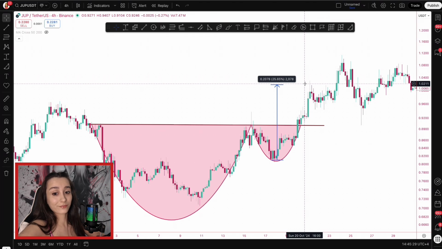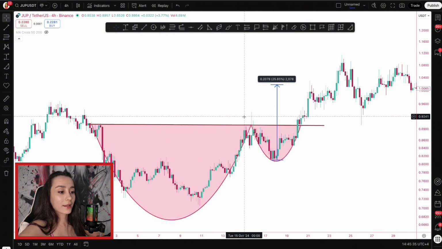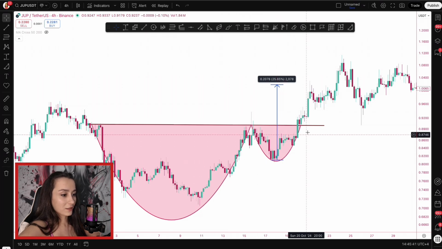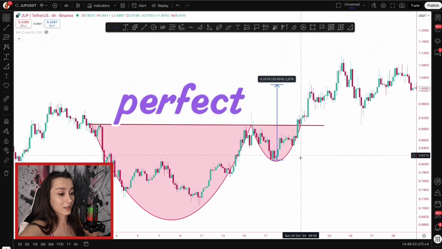Or just use 2x, even small leverage is okay. And it's just a 4-hour time frame. Basically, you're gonna wait just from here to here, not even 2 days. In 2 days, you will earn 50% with lower leverage. That's just perfect, I can say.